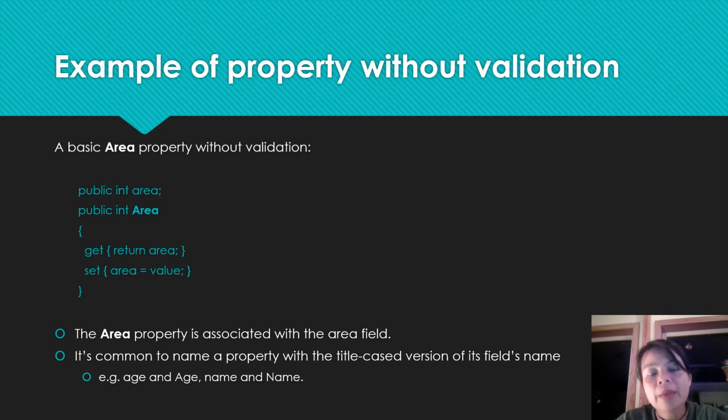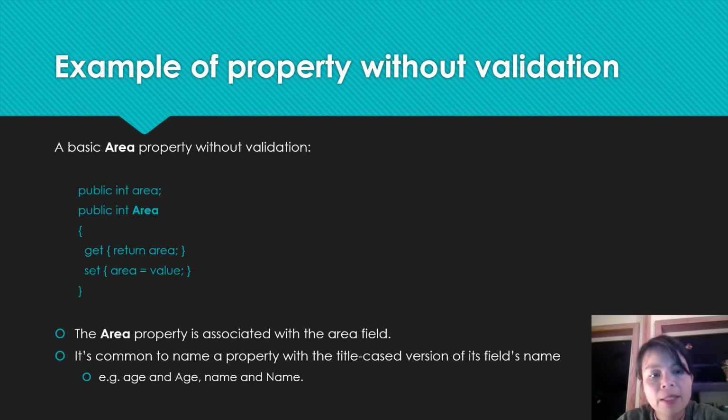So here's an example of a property without validation, a basic Area property seen here. The Area property is associated with the area field. It is common to name a property with the title case version of its field name. So this is the property, and this is the field.